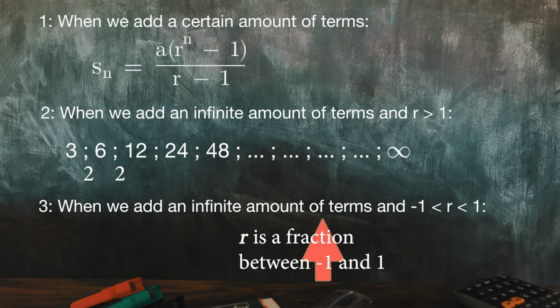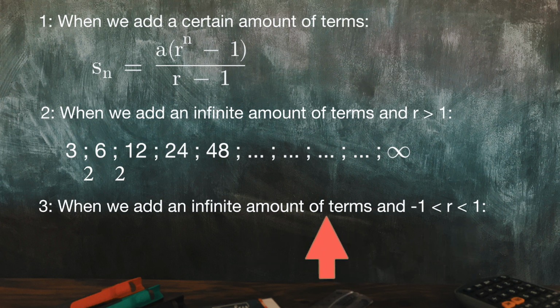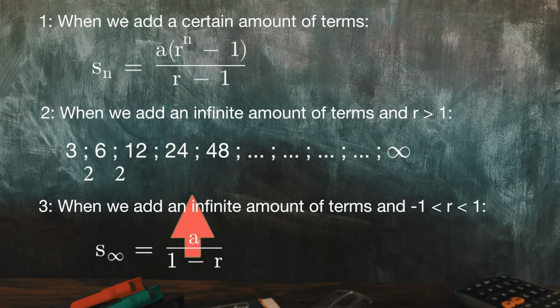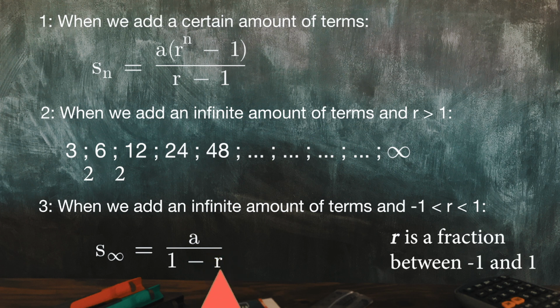This is what we call a convergent geometric series, and we make use of the following formula. The sum to infinity is equal to a, the term where we start to add up, over 1 minus the constant ratio, where this constant ratio is a fraction between -1 and 1.